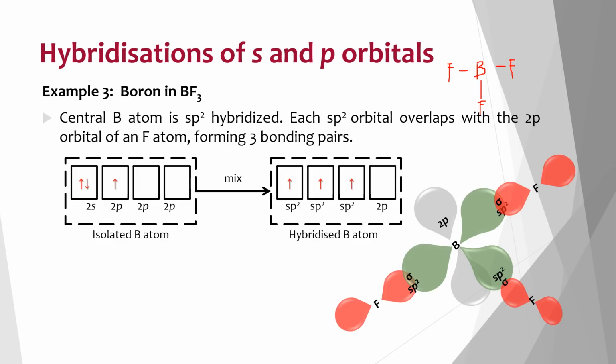And we mainly focus on boron because boron is the central atom, and the configuration for boron is 2s2 2p1. So draw the unhybridized state first, which is 2s and 2p.